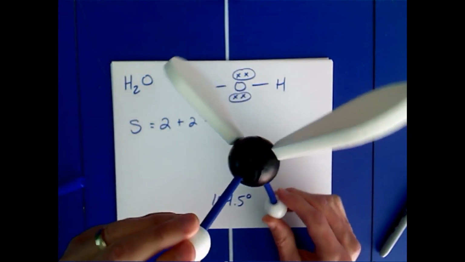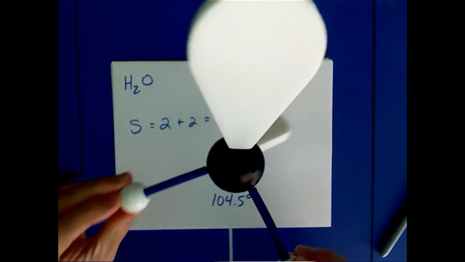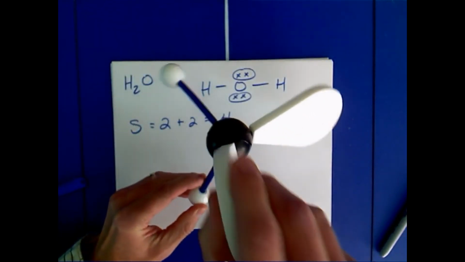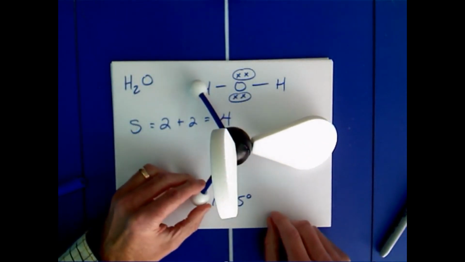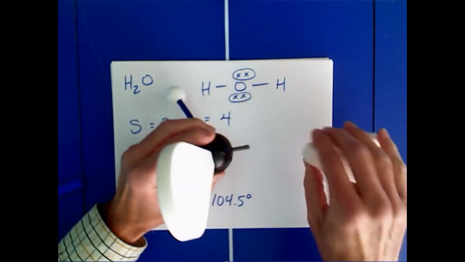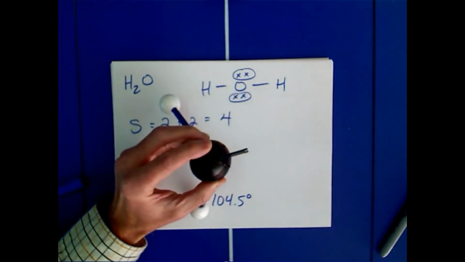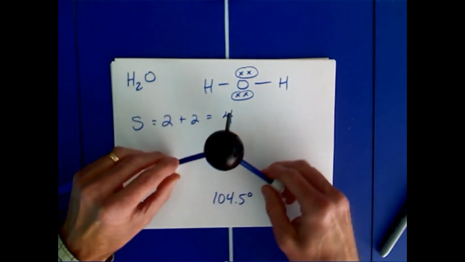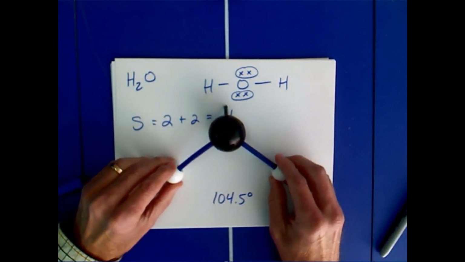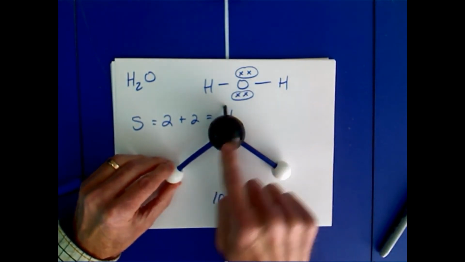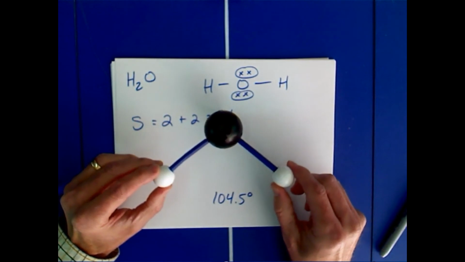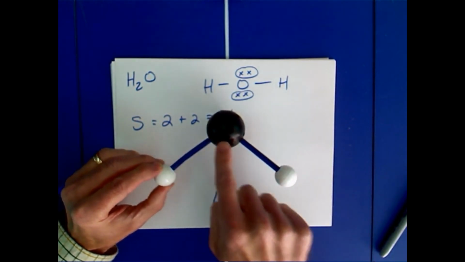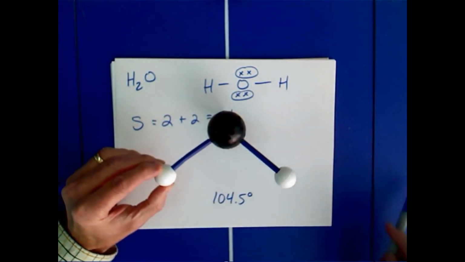So while we have this tetrahedral electronic arrangement, when we describe the shape of the molecule, once again we're going to ignore the lone pairs, because when we're describing the molecule, we just want to describe the shape of the locations of the atoms, and it's pretty easy to see if we just describe the shape of this molecule, we would call it bent.